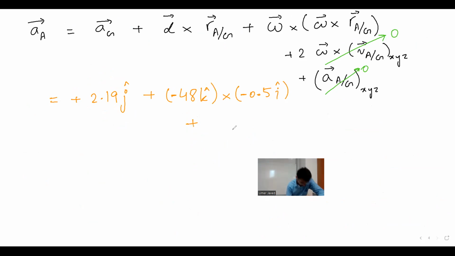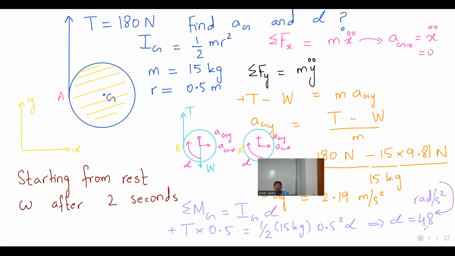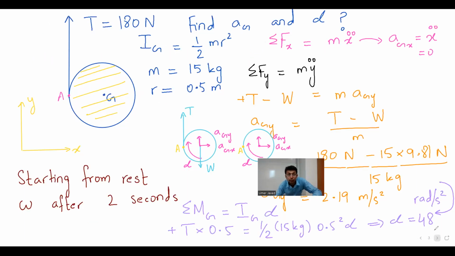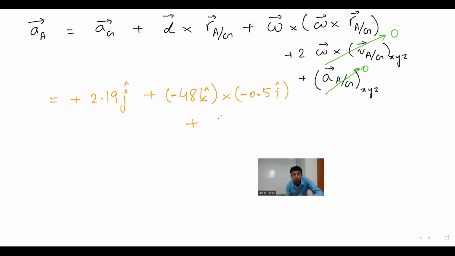Plus omega cross omega. Okay, what is the value of omega? Go back. Did I provide you the omega? What did I say here? 0. Good. Very good. So don't get confused. Students told me 0. Give me the value of AA, please.